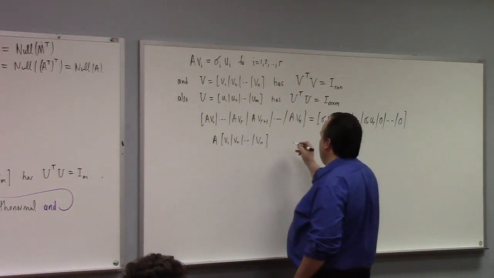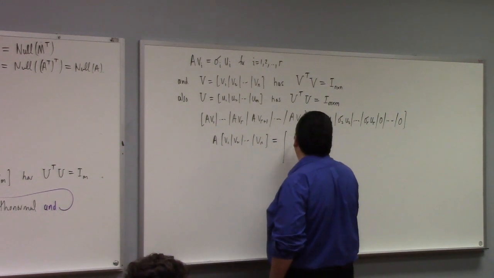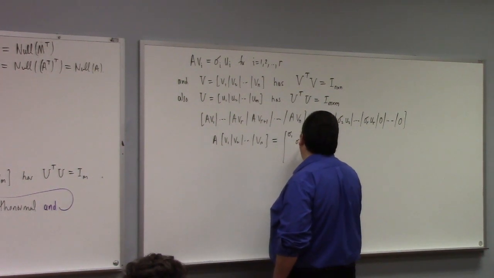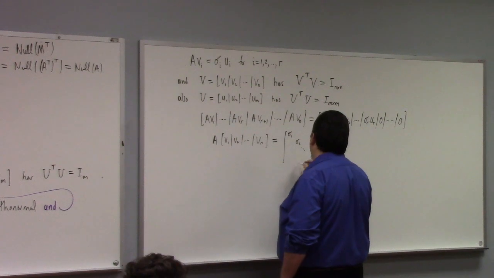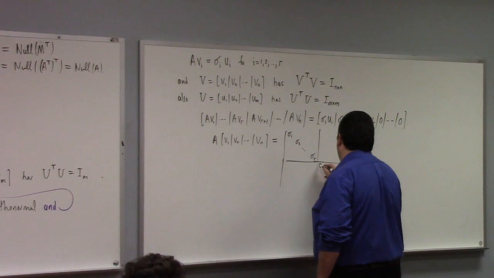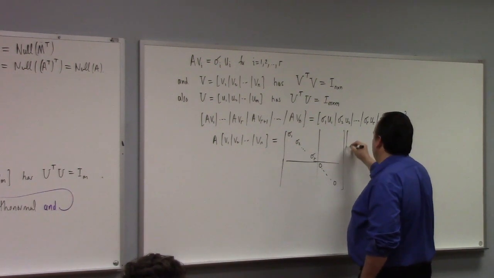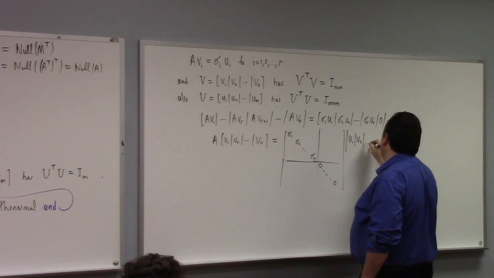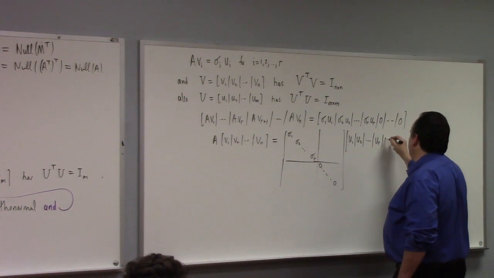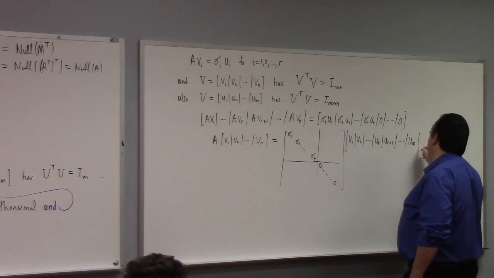So this could also be written as sigma1, sigma2, ..., sigma_r, and then zeros, times this matrix u1, u2, ..., ur, u_{r+1}, ..., um.